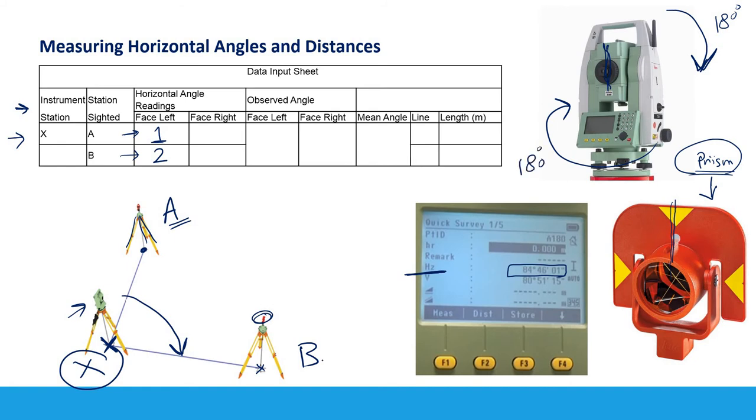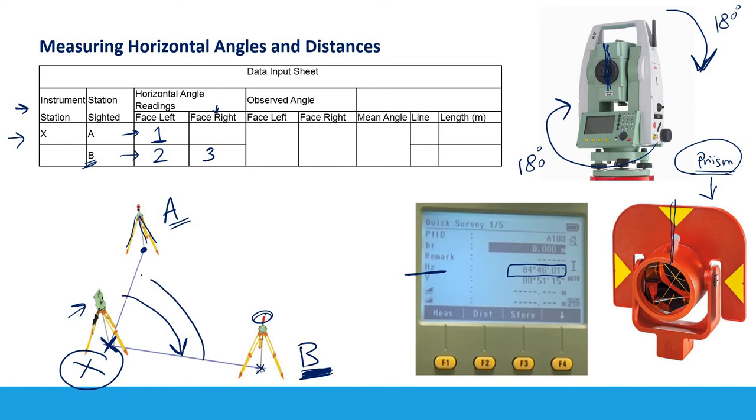And then you will resight B accurately, and then you will write down the horizontal angle value here, and this is called the face right over B. So the face right from here, guys, is over B because we are sighting B.